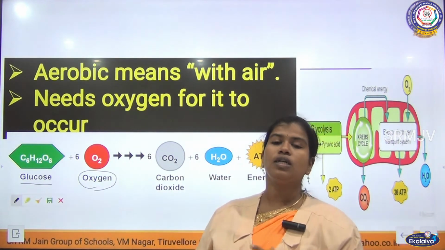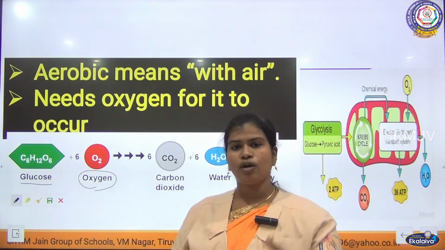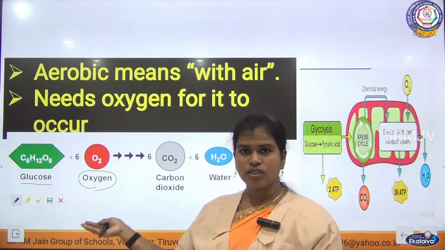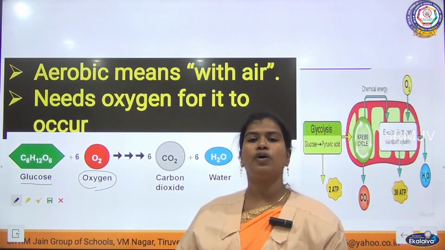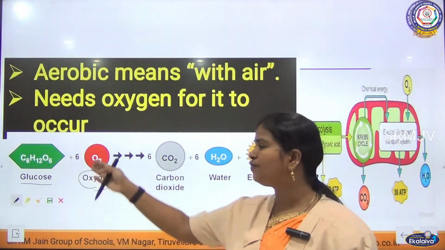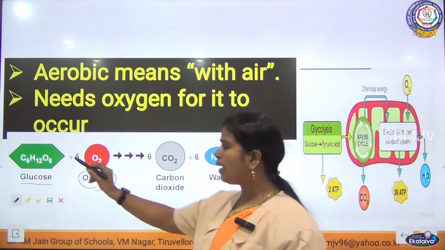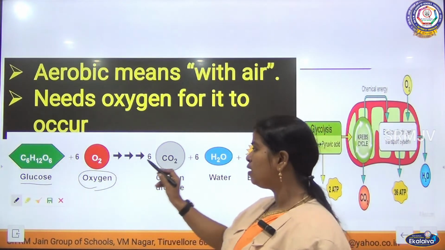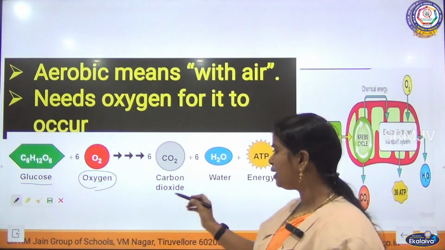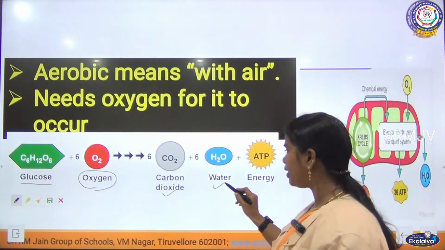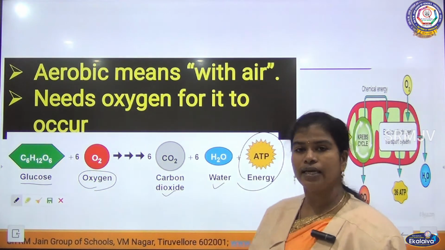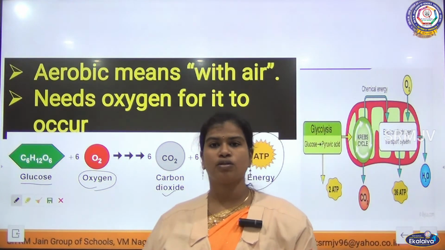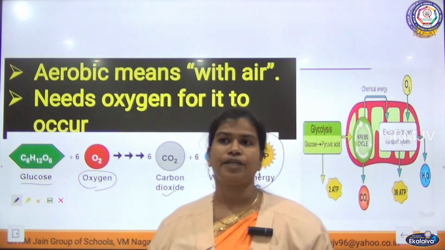Without oxygen the locked energy cannot be unlocked. So oxygen plays a key role to unlock the energy from the glucose. This glucose is broken down with the help of oxygen. The byproducts we get are carbon dioxide and water, and with that we get the energy. This is the process of aerobic respiration.